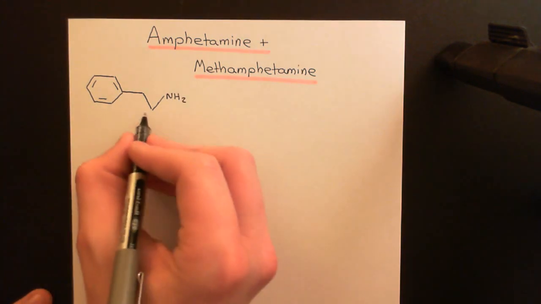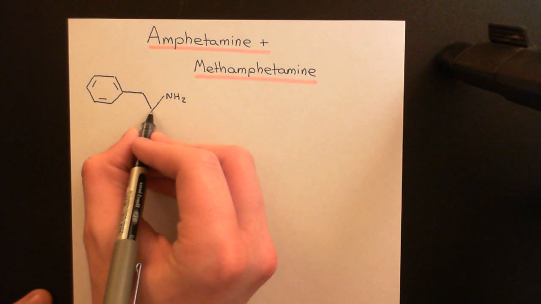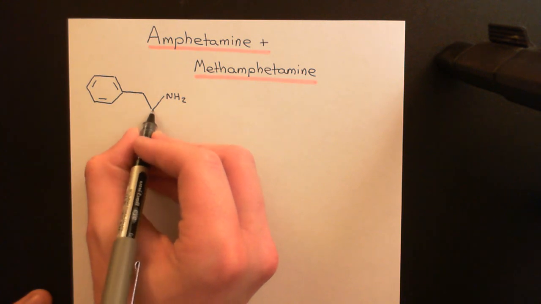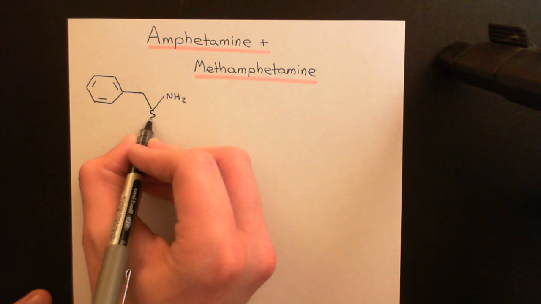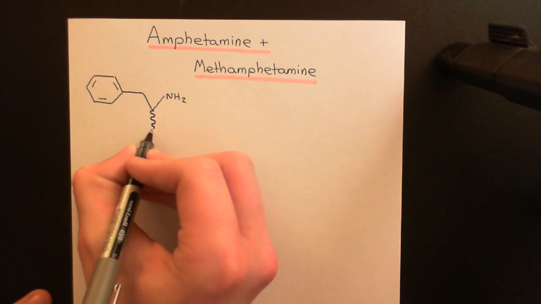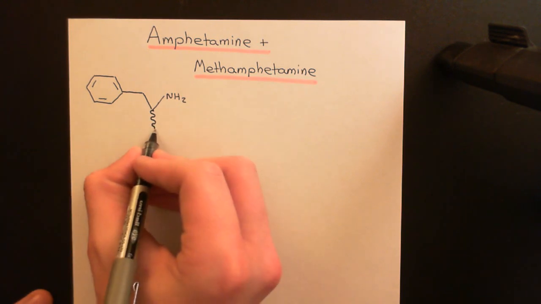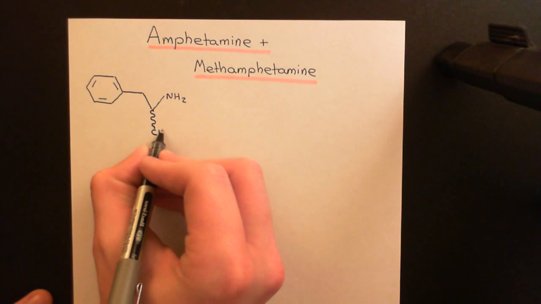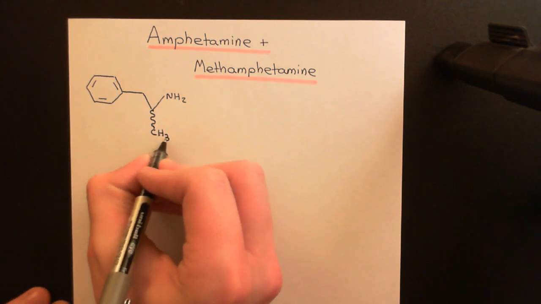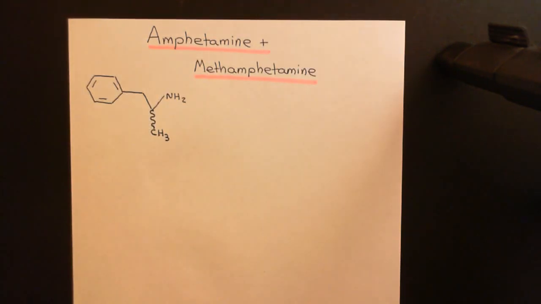In addition to the amine group, this carbon will also have another carbon coming off it in the form of a methyl group. I'm not going to draw this methyl group in a normal way. You might expect me to draw a straight line down, but I'm actually going to draw a squiggly line, like so, to denote our methyl group. I might just break with the skeletal formula for a moment and actually just stick the methyl group there. So that is my picture of amphetamine complete.